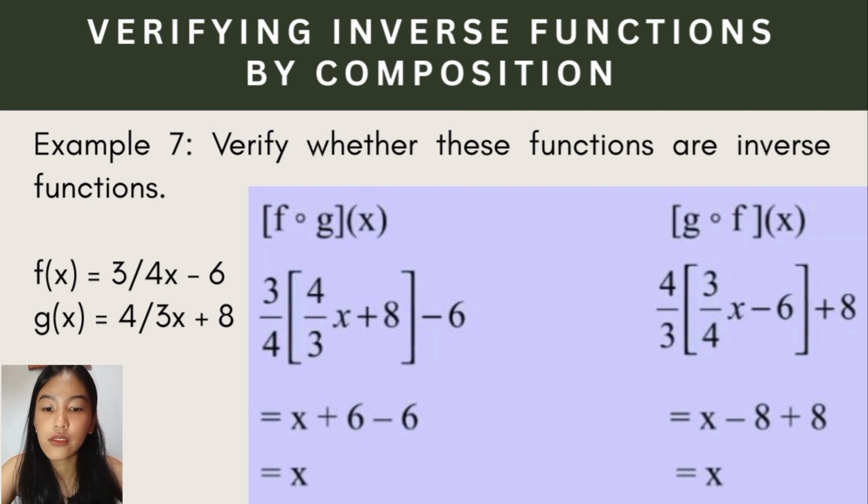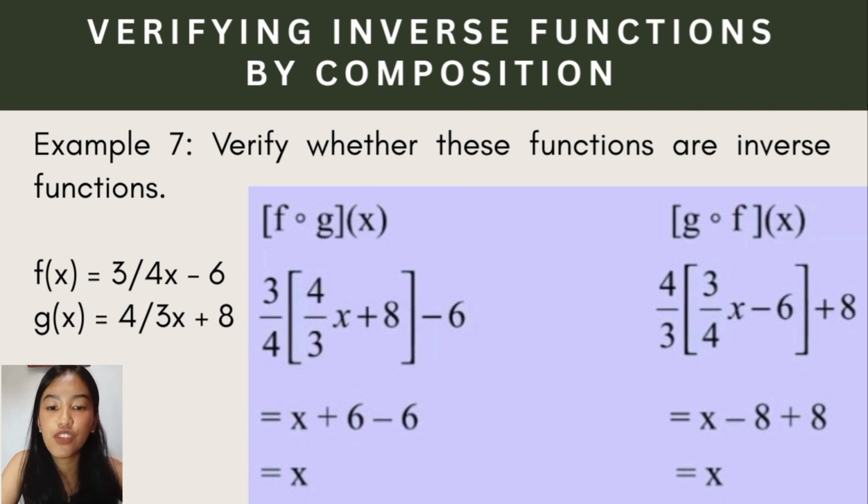So 3/4 times 4/3 x plus 8 minus 6. So makancel naman na siya. Inig multiply, you will obtain x plus 6 minus 6. So makancel ang 6 minus 6. So you will obtain equals to x. So f of g of x is x.